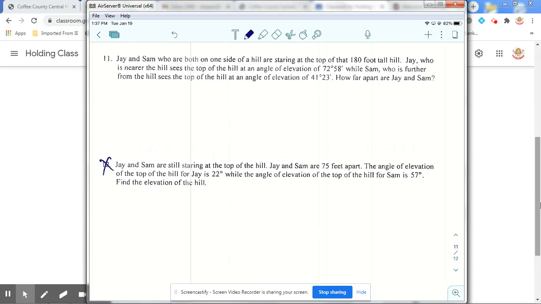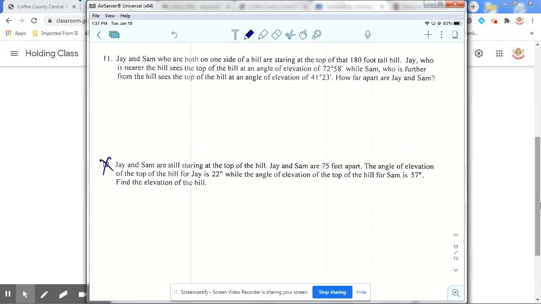All right, so on 11, Jay and Sam, who are both on one side of a hill, are staring at the top of that 180-foot tall hill. Jay, who is nearer the hill, sees the top at an angle of elevation of 72 degrees 58 minutes, while Sam, who is further from the hill, sees the top of the hill at an angle of elevation of 41 degrees 23 minutes. How far apart are Jay and Sam?